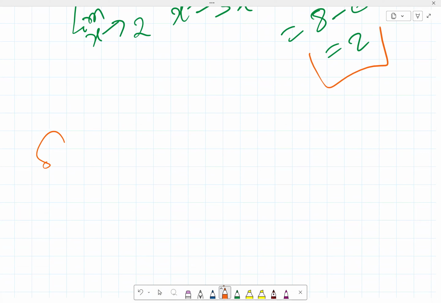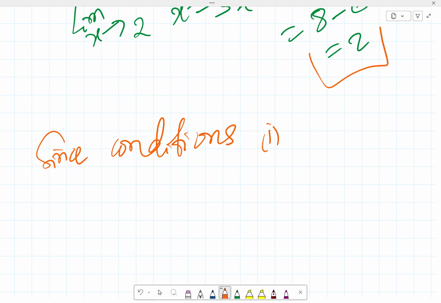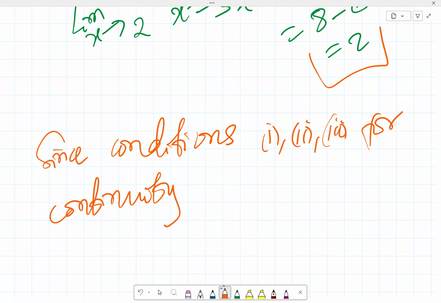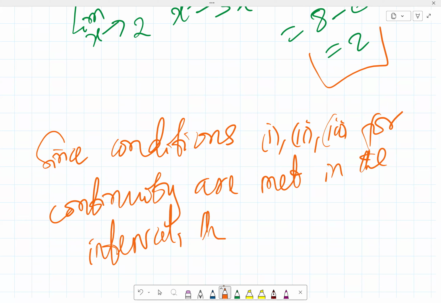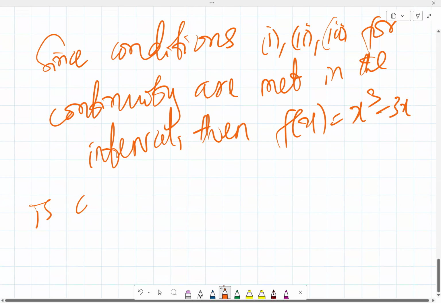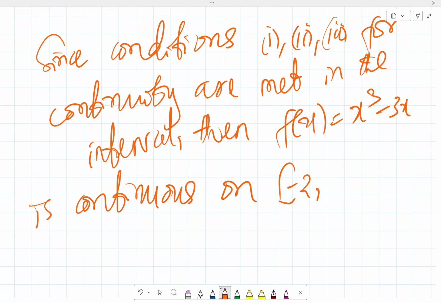So we then say, since conditions 1, 2, 3 for continuity are met in the interval, then f of x equals x cubed minus 3x is continuous on the closed interval -2 to 2.